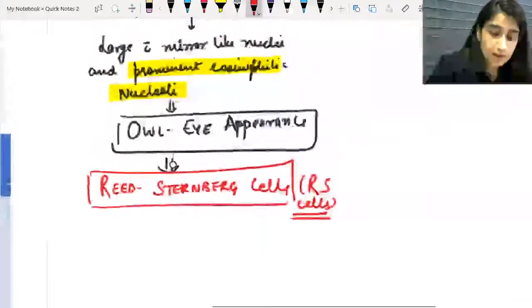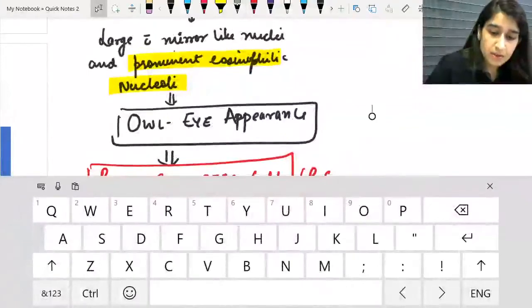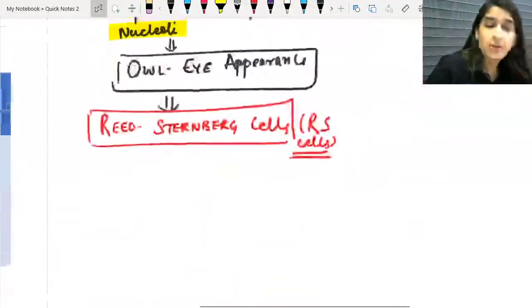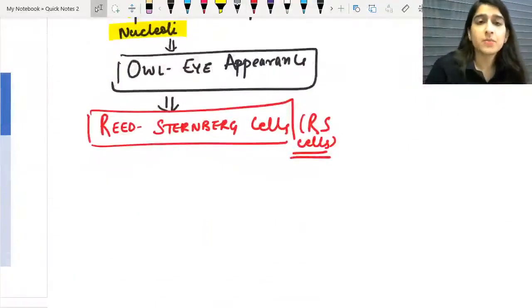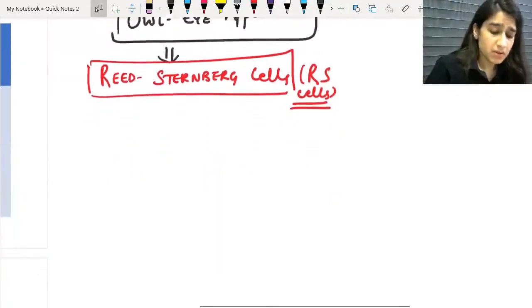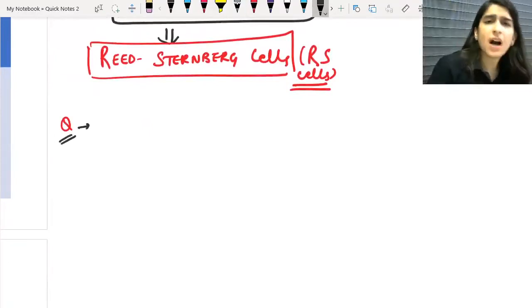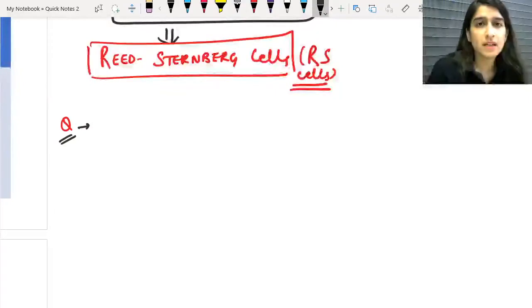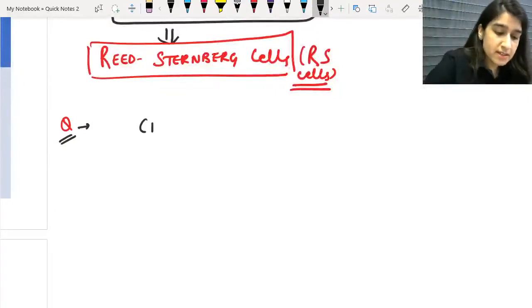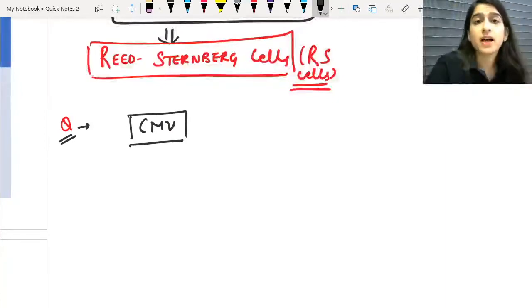Now I told you that the owl eye appearance is because of the prominent eosinophilic nucleoli in the case of RS cells. But there's one more very important MCQ: this owl eye appearance is also seen in one other infection. Which is that infection? CMV, cytomegalovirus infection. In cytomegalovirus infections, we see owl eye appearance as well.